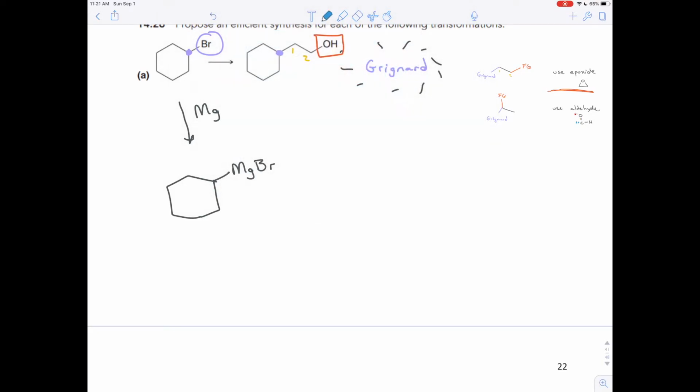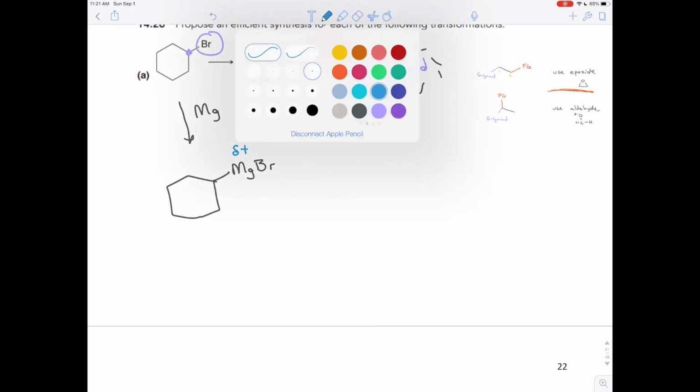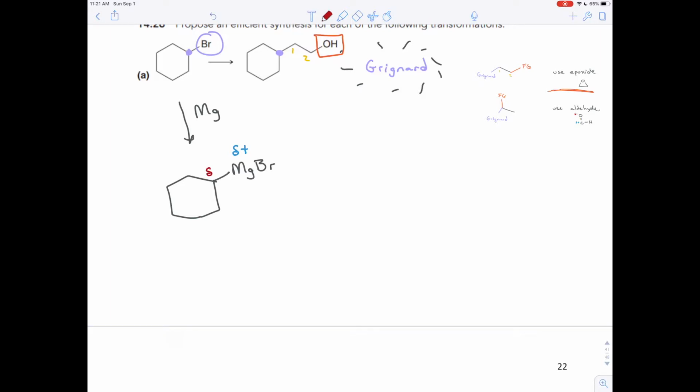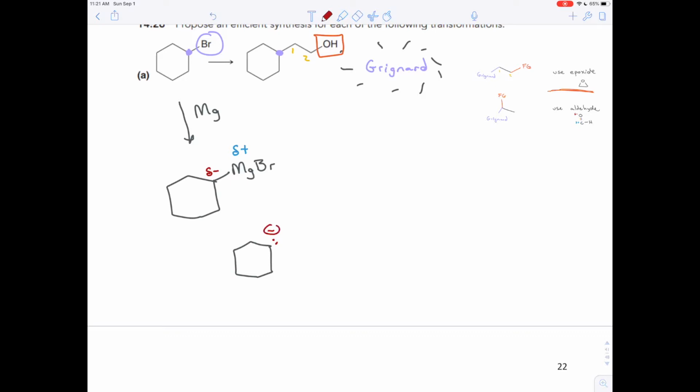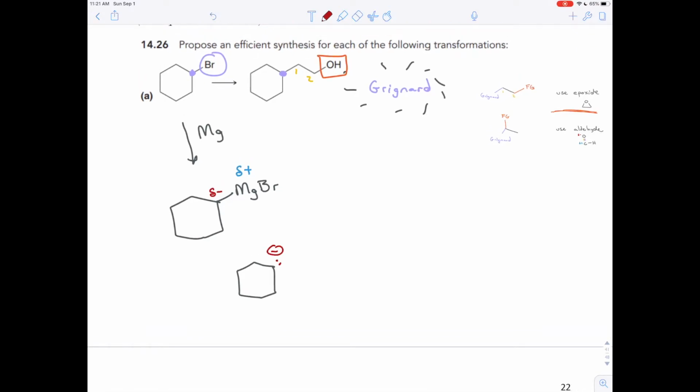This magnesium has really low electronegativity, so it has a positive charge, and the carbon has relatively high, relative to the magnesium, electronegativity, so it has that negative charge, and it's basically going to be able to act like this nucleophile here. That's how it's going to act, with the magnesium and the bromine floating off and doing their own thing.